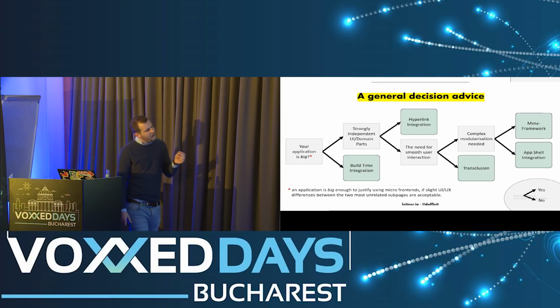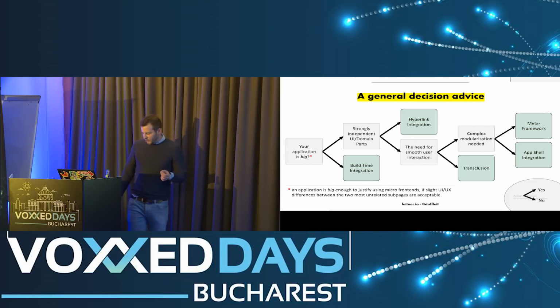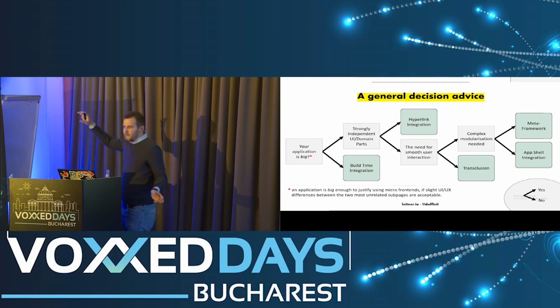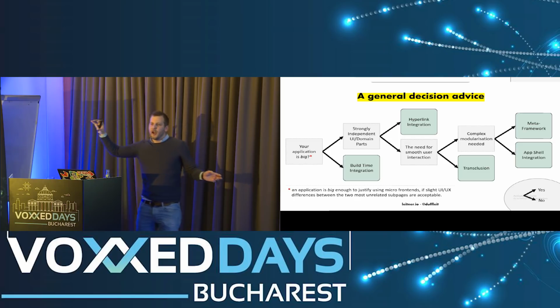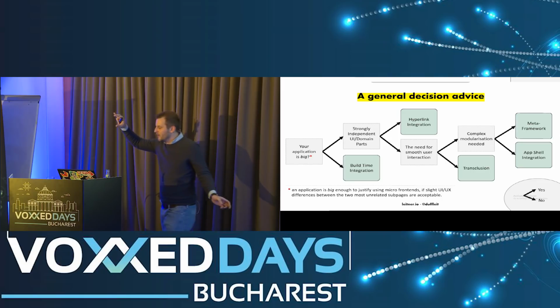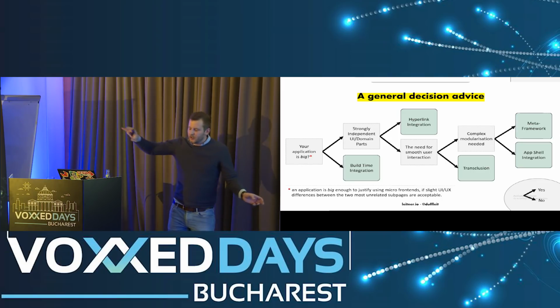I define it this way: if your application is big enough for micro front-ends, if you have the two most unrelated pages of your application, can they have differences in the UI consistency? If you say the landing page can look slightly different than the user profile settings, if this is possible, then go with micro frontends.